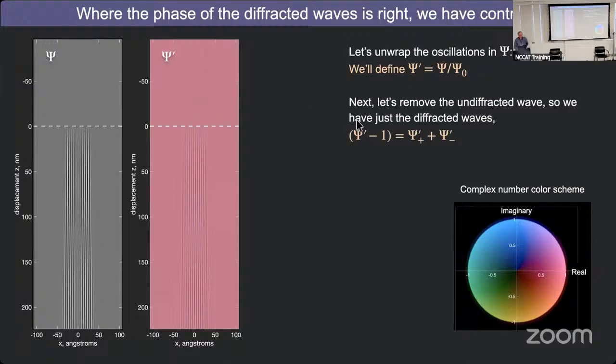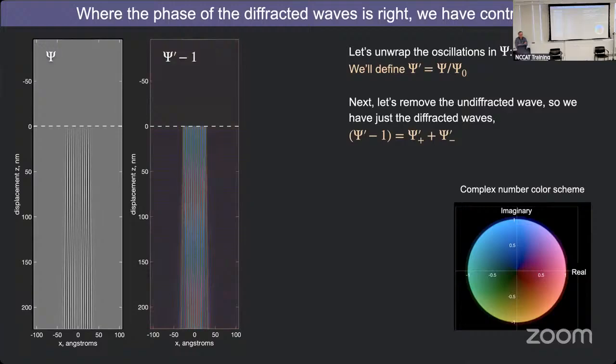And then the other thing I can do is I can take what's left over and subtract 1 from it. So in that case, what I have is the incident wave, which is 1, and I'm going to get rid of that, and then I have my psi plus and psi minus, these two diffracted waves, and we'll look at them all by themselves. And here's what they look like.